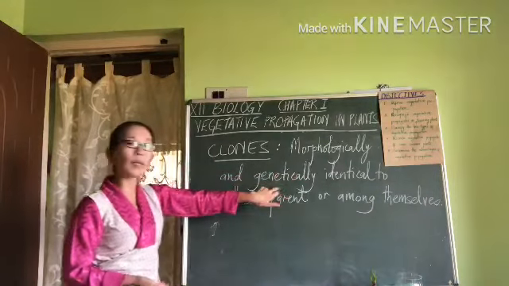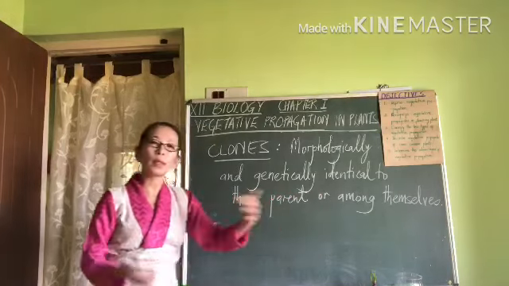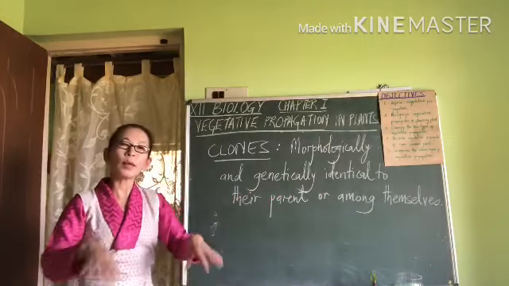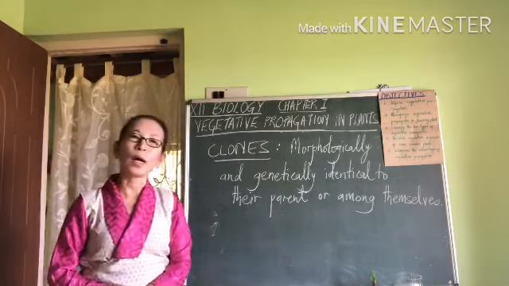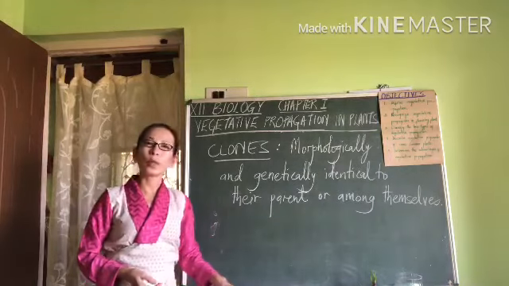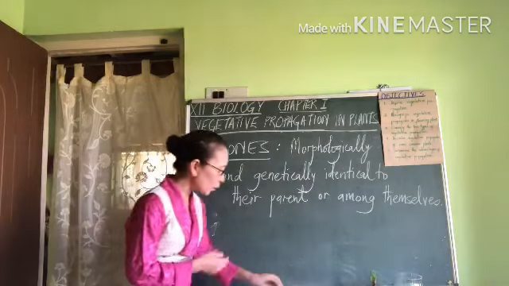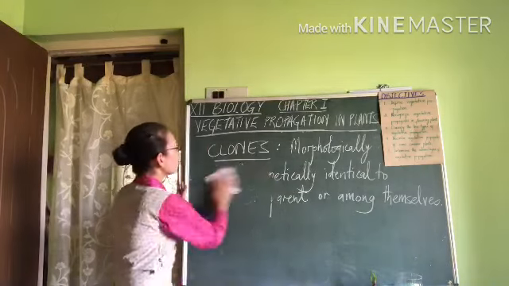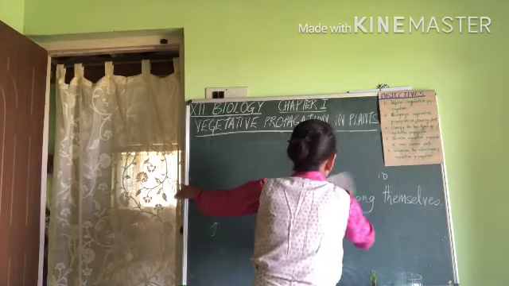So they are morphologically and genetically identical to their parent as well as among themselves, which means among the siblings. So such individuals are known as clones, and clones are usually the products of asexual reproduction. Okay, and these are the reasons why we say that vegetative propagation can also be considered another kind of asexual reproduction in plants.